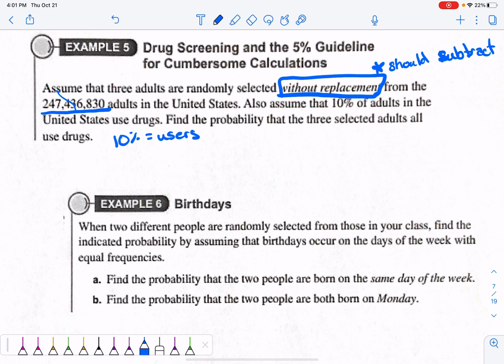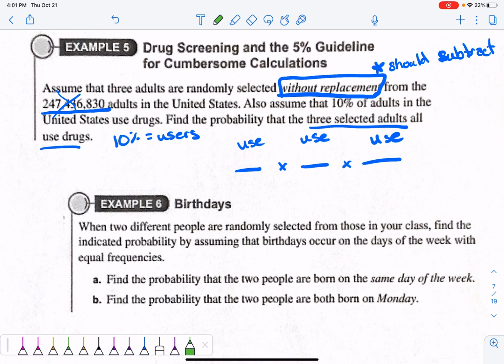So rather than using this really big number, I'm going to use 10%. I'm trying to find that 3 selected adults are all users. So the first person is going to be a user, and the second person is going to be a user, and the third person is going to be a user, and I'm going to multiply those together.